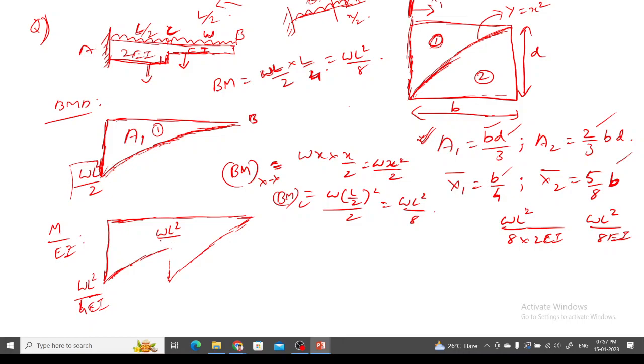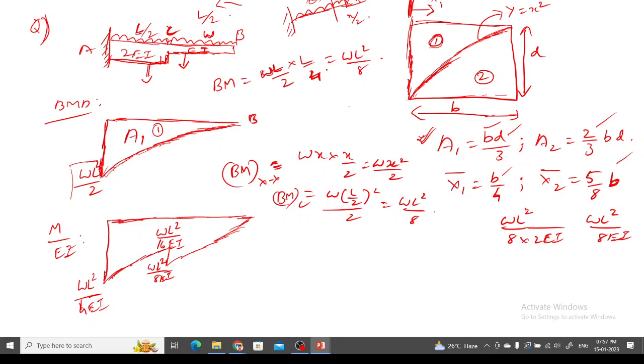So this will be 16 EI and this will be 8 EI. Something like this, WL square divided by 8 EI. Up to this it is clear.